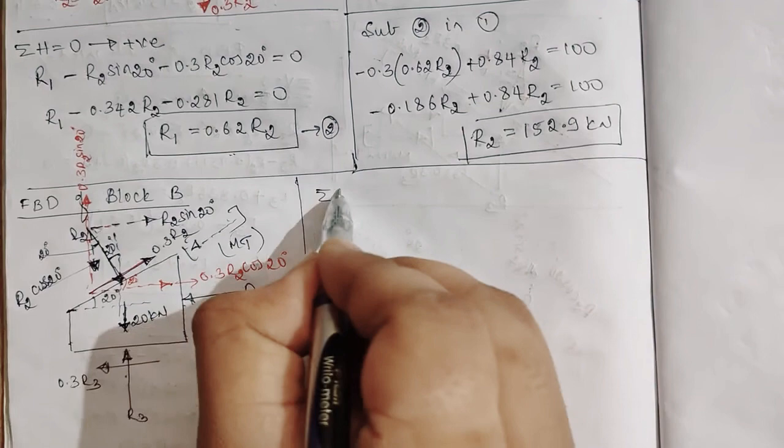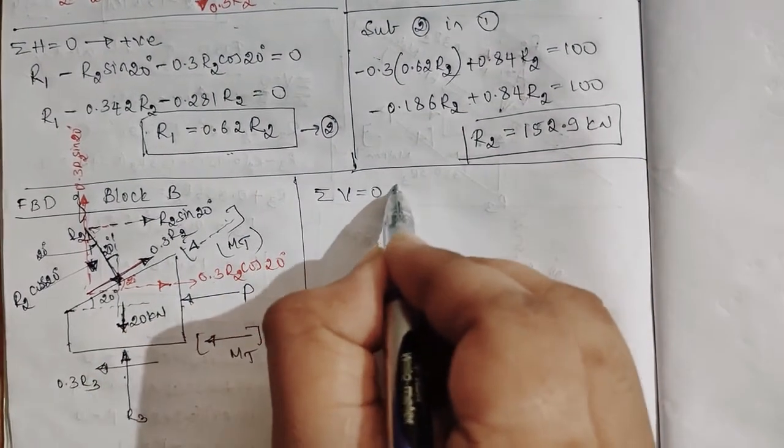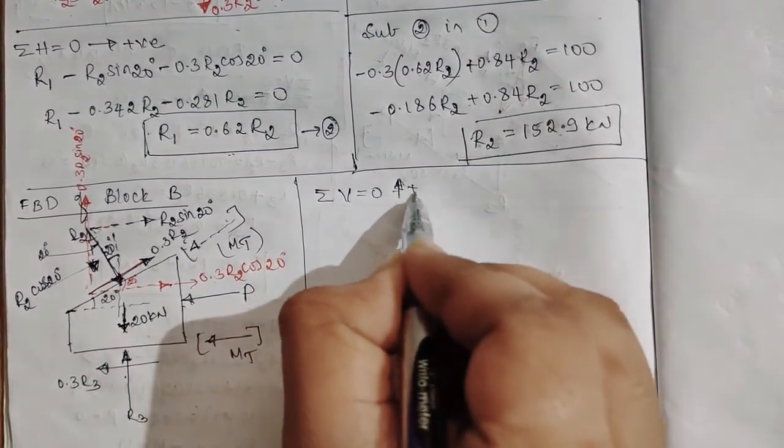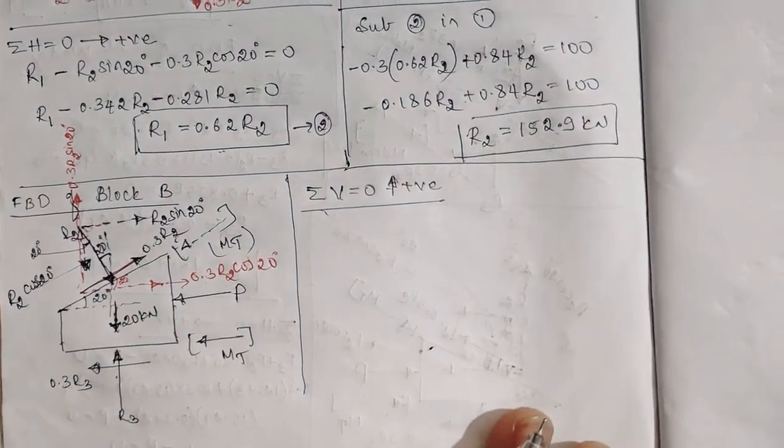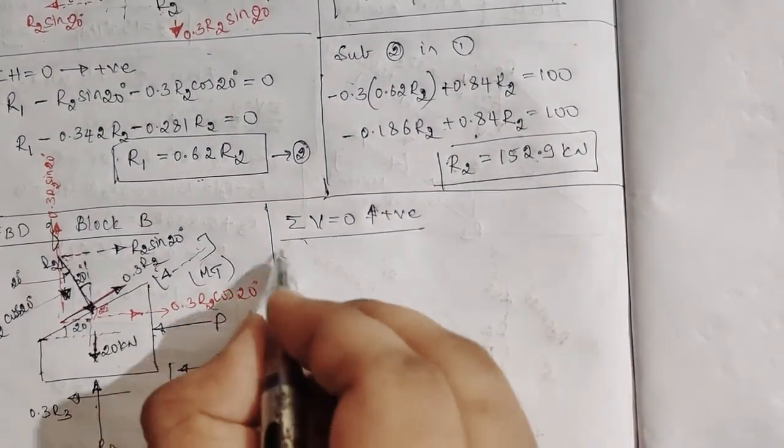Then same procedure, summation of vertical forces equal to 0, taking upward as positive. Take one force now.